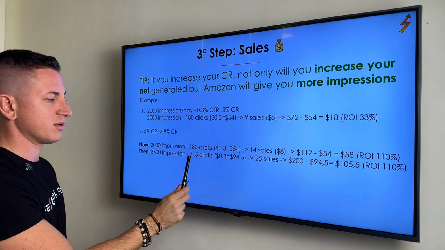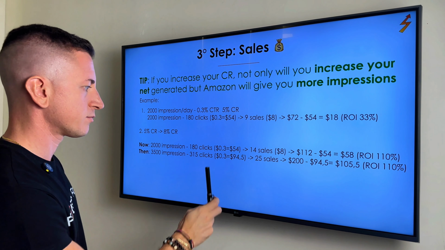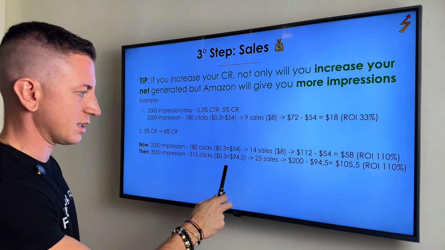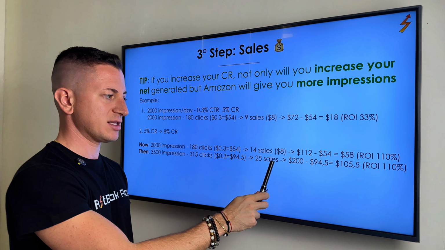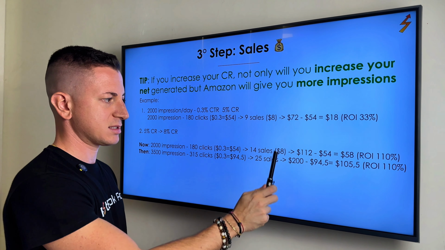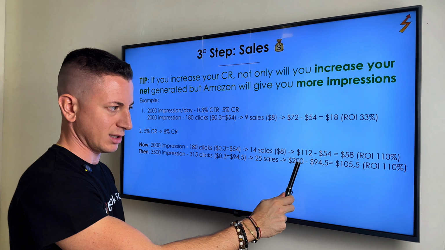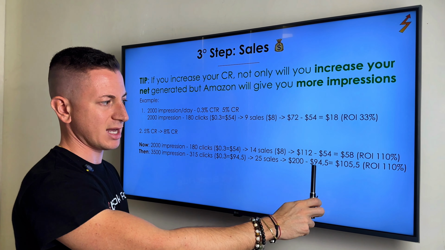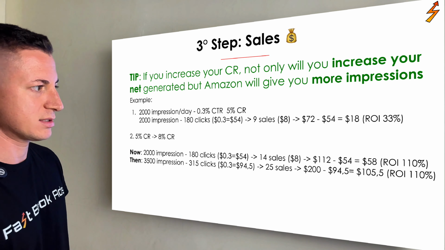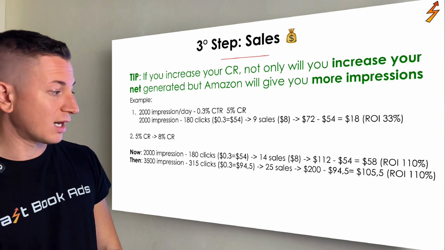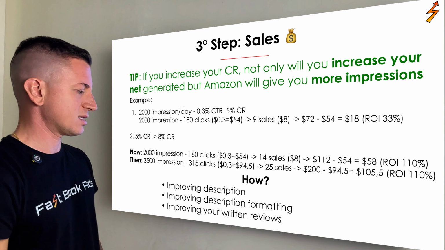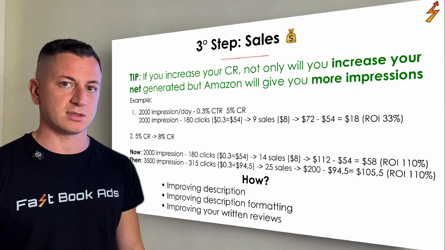With the same CTR, we will generate 315 clicks, which means $94.5 of ad spend, and 25 sales multiplied by our royalty of $8 means $200. If we subtract the ad spend, we'll have a net profit of $105. How? As I told you, by improving your description formatting and improving your written reviews, okay?